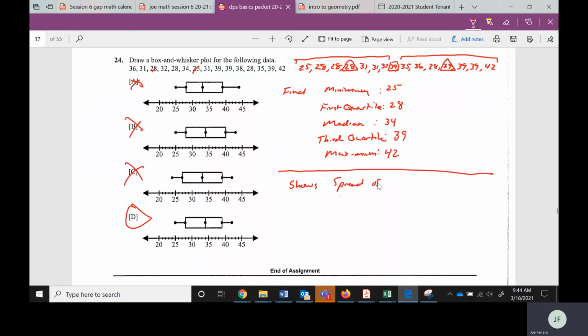What that means, besides just seeing where these numbers are, if I made just some generic box and whisker plot here, there's 4 parts here. Each part shows a fourth, or approximately a fourth of your data.